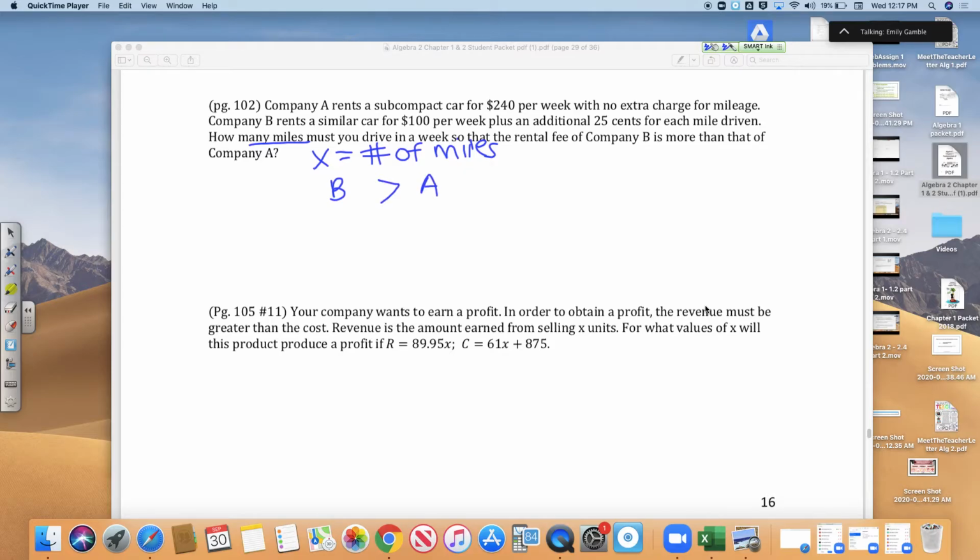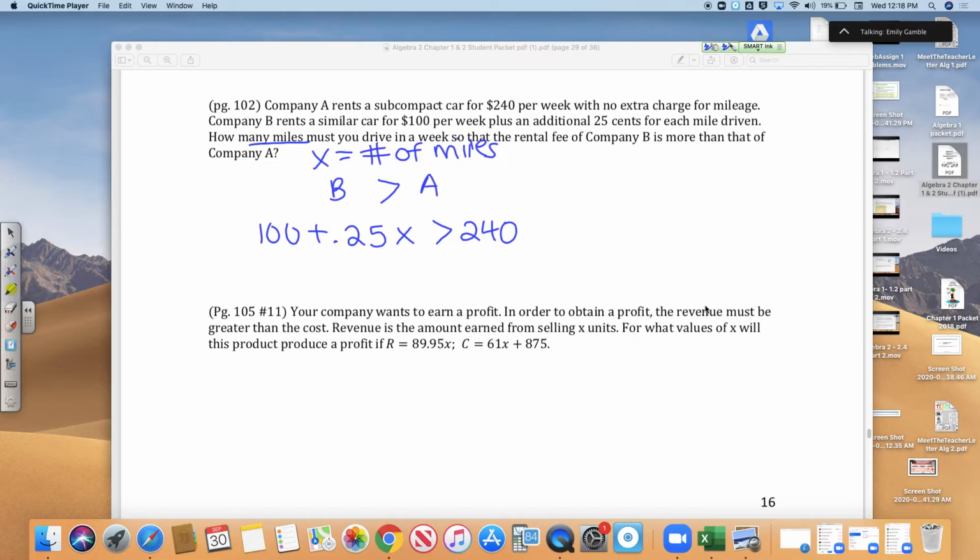So let's create the expression for Company B. Company B rents a similar car for $100 per week plus an additional 25 cents for each mile driven. That would be 100 plus 0.25x. And we want Company B to be more than Company A, which is just a straight $240 fee. Doesn't matter how many miles you drive. So this would be the inequality we would create.